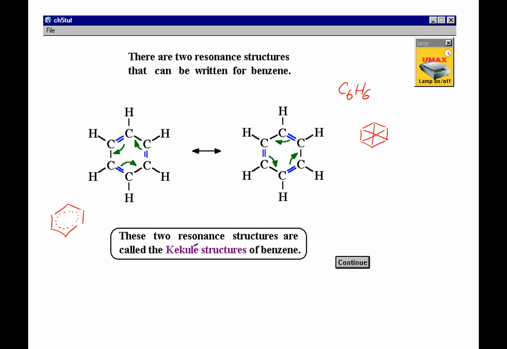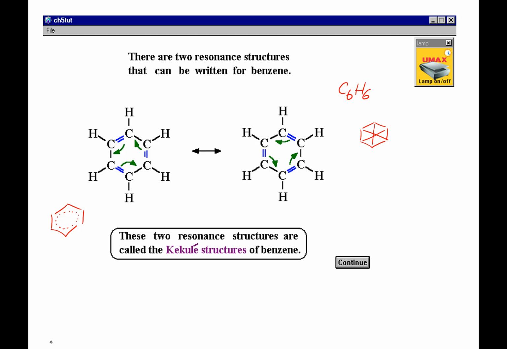I think I've broken myself of the habit of writing the circle in there because there are times when we really need to see the bonds. But they can be oriented either way, and actually neither of these two are correct, right? We know that it's a resonance hybrid. So these two structures are ultimately what we found out it was, and they're called the Kekulé structures.